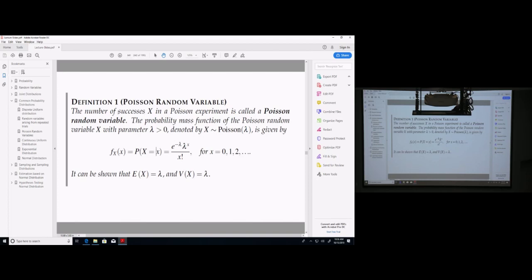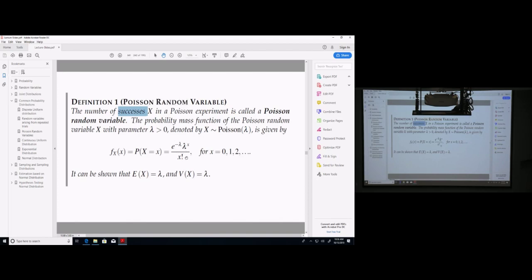I would change it to success now, but the successes usually in the Poisson case are sad things: accidents, death, that kind of thing. Or sometimes you can think of it as birth too, so that is a happy thing.